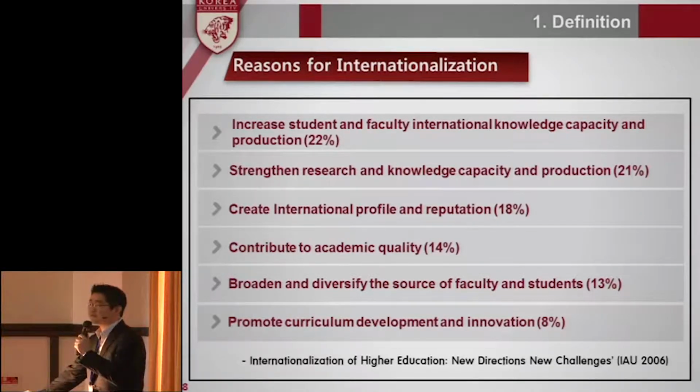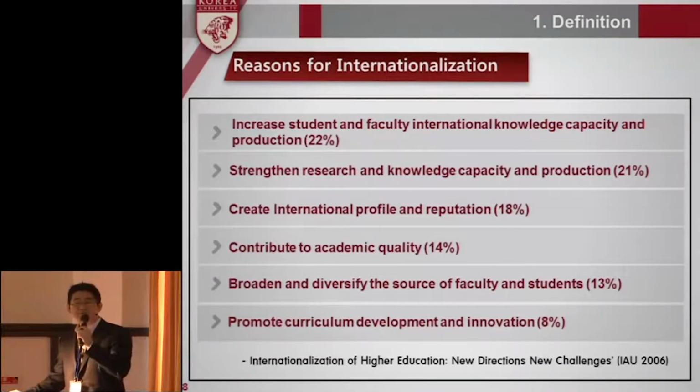The primary reasons they think that universities internationalize are to increase student and faculty international knowledge capacity and production, and strengthen research and knowledge capacity and production, to increase international profile and reputation, and contribute to academic quality, broaden and diversify the source of faculty and students, and promote curriculum development and innovation.